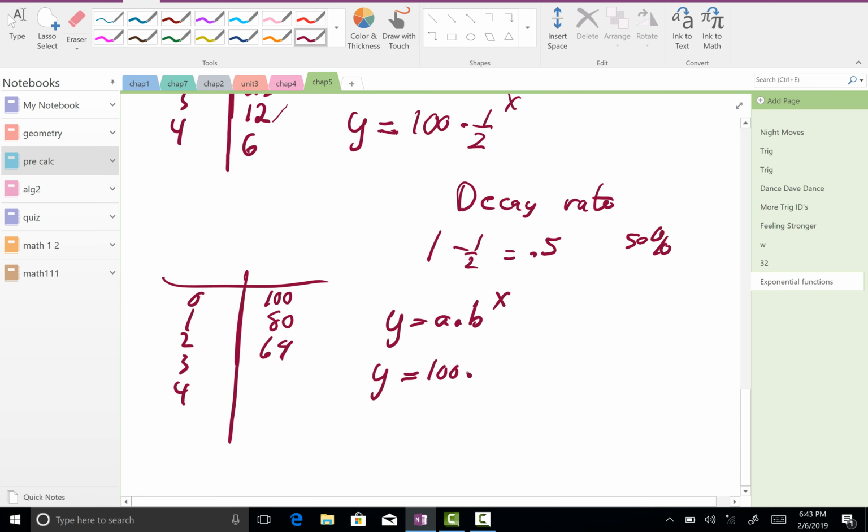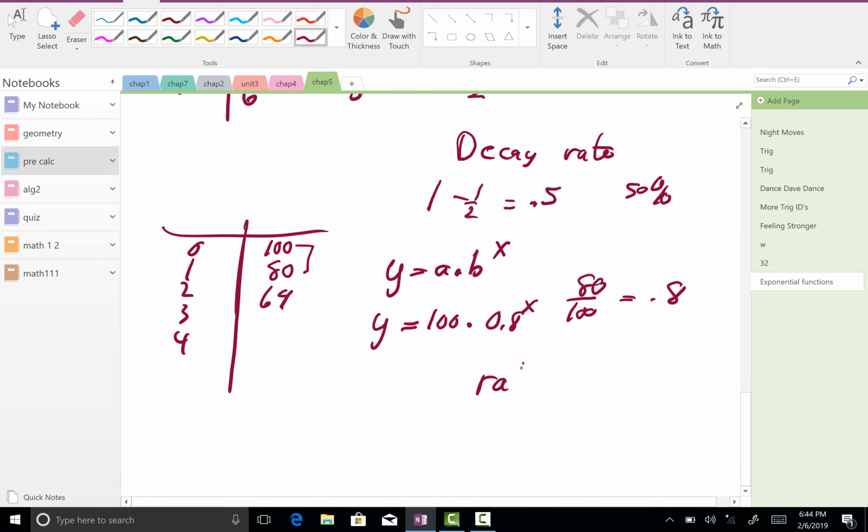Okay, and we can just divide these two to figure out that factor. So if we took 80 and divided it by 100, we would get 0.8. Agreed? So 0.8 to the x would be my equation. Right? But the rate would be equal to 1 minus 0.8, which is 20%. Okay.